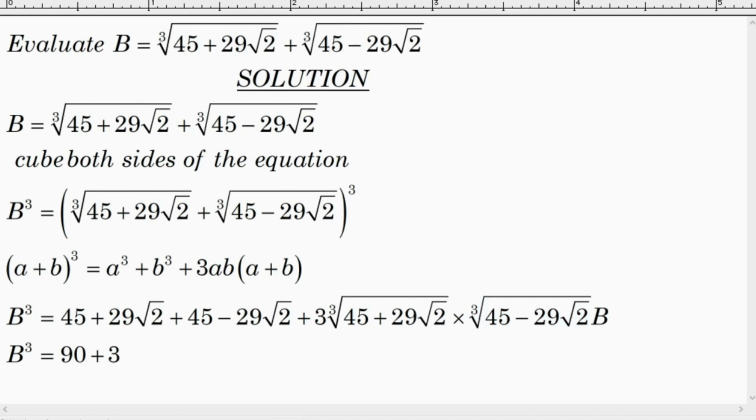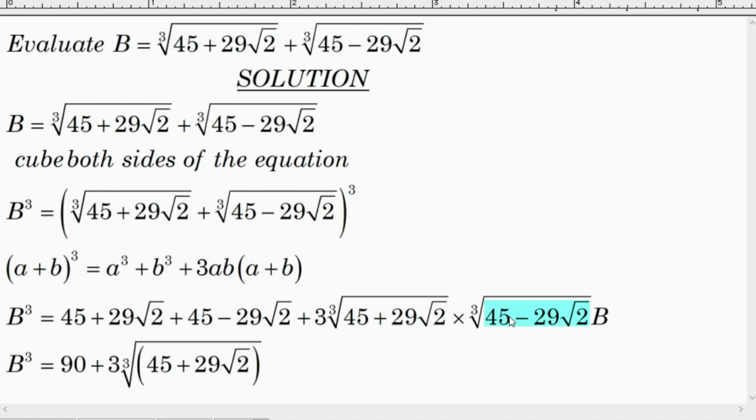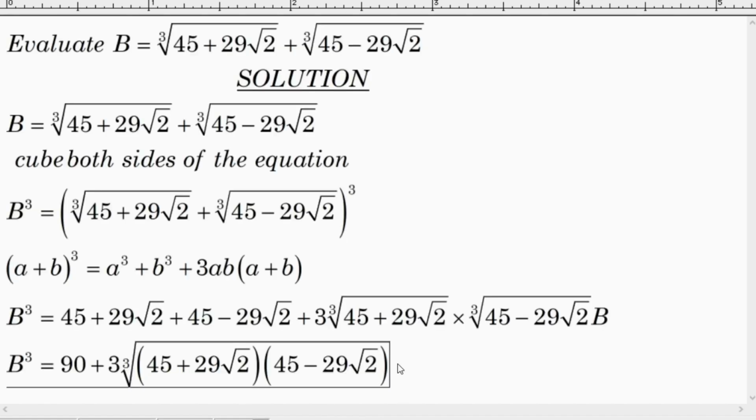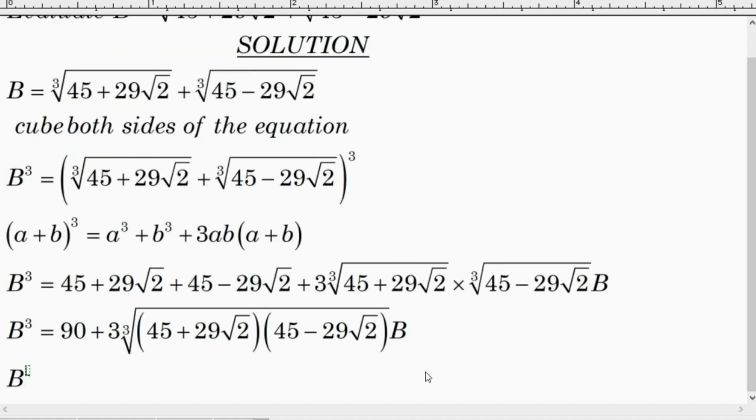So we get the cube root of this number times this number, then times B. Now we get B cubed equal to 90 plus 3 times the cube root of 45 plus 29 square root of 2 times 45 minus 29 square root of 2.